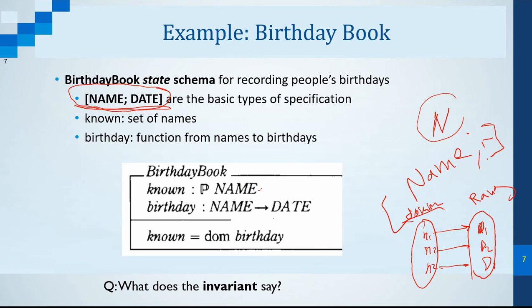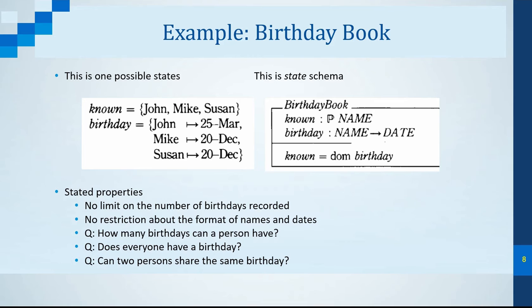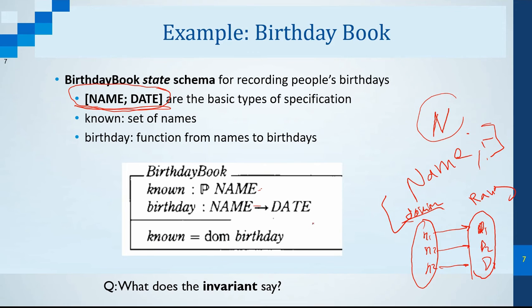That means we are being strict: we only want the set of this relation where all the domain comes from the noun only. So this is the data, or we can say the state schema. So we finish the state schema now.